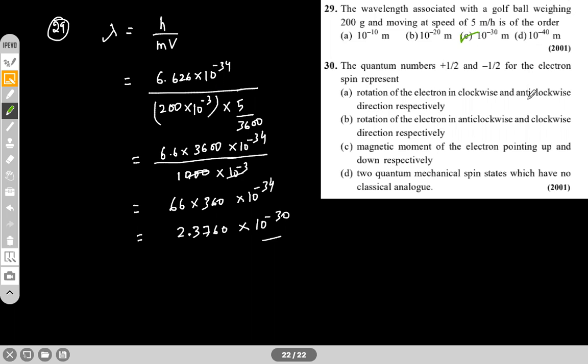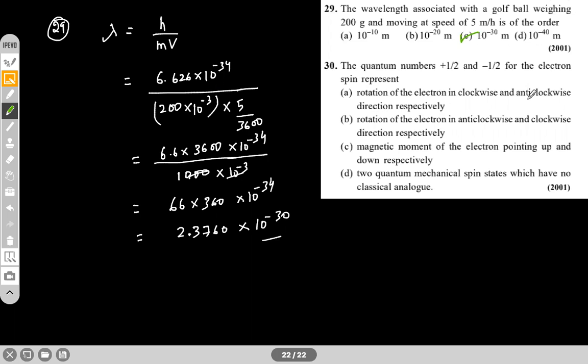Okay, so plus half and minus half, we usually say that it is the orientation of electron about its own axis. If it is said to be clockwise orientation, it is plus half. If it is minus half, it is anti-clockwise orientation. But actually it represents the magnetic moment. It is a component of spin angular momentum.